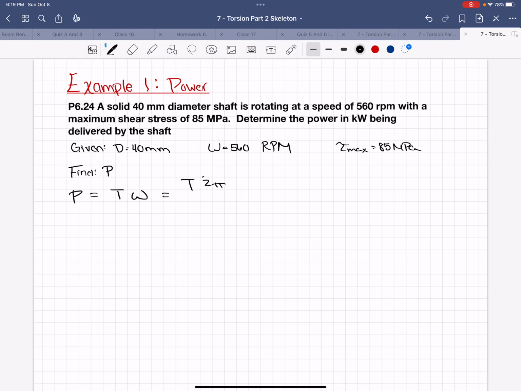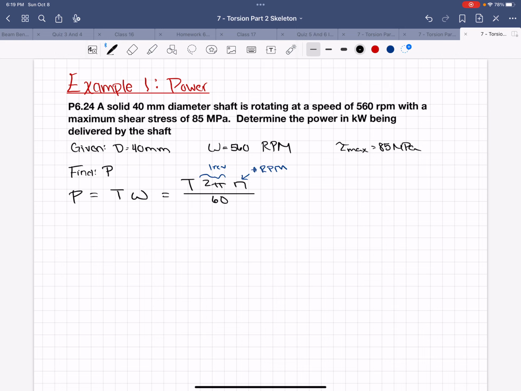That is 1 revolution, times N. That's where we plug in the number of revolutions per minute, divided by 60.